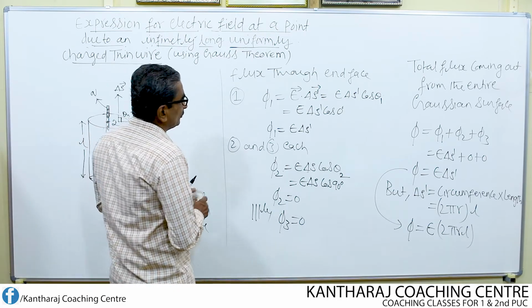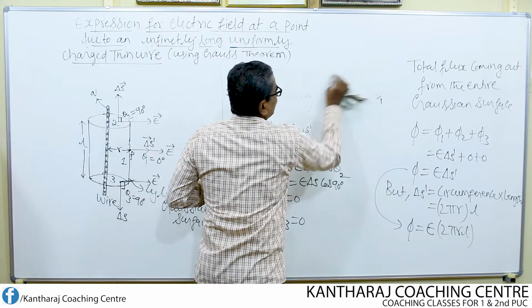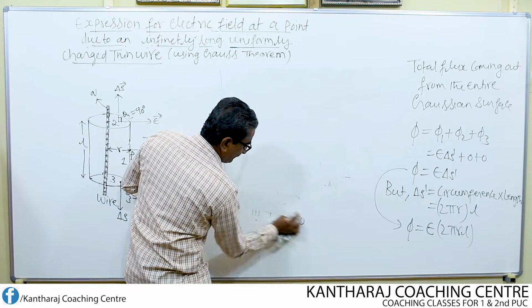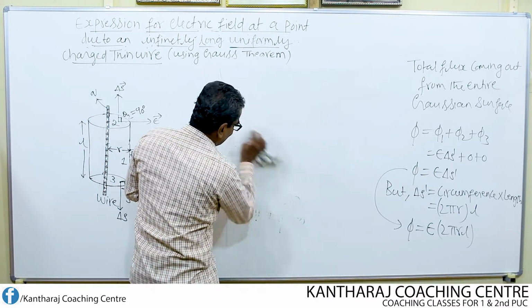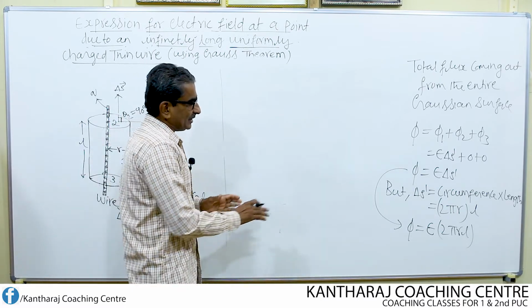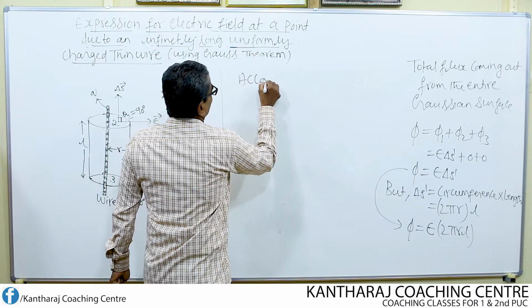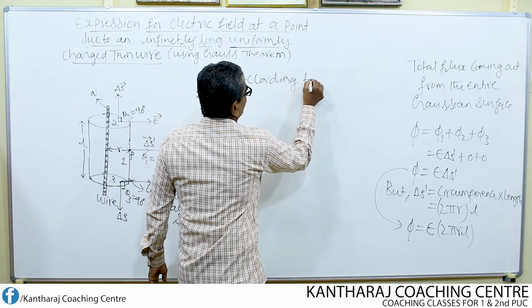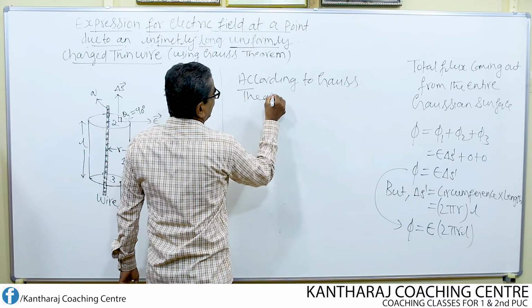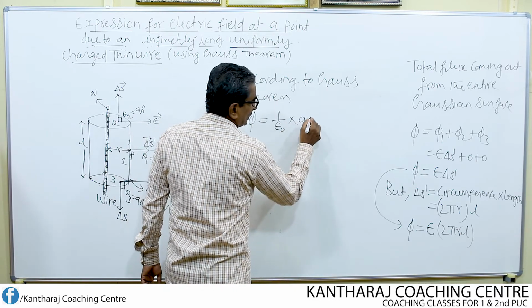Now I apply the Gauss theorem. Why do I apply the Gauss theorem? Because once we find the total flux coming out from the Gaussian surface, then we are eligible to apply Gauss theorem. Till you find the total flux, we cannot apply it. According to Gauss theorem, total flux is equal to 1 over epsilon naught times the total charge.